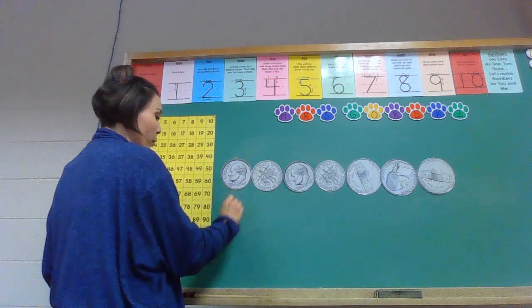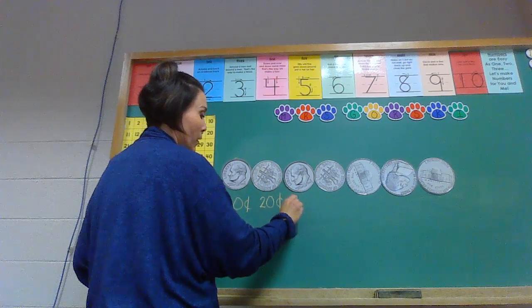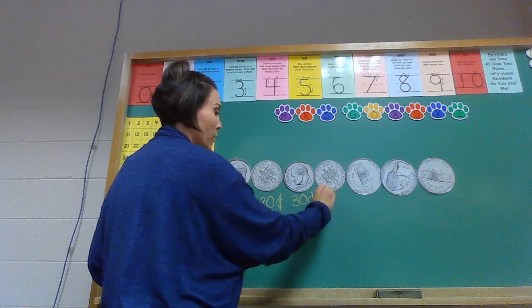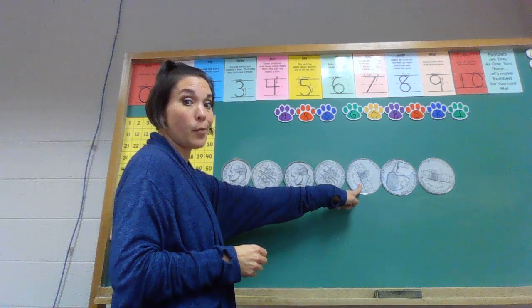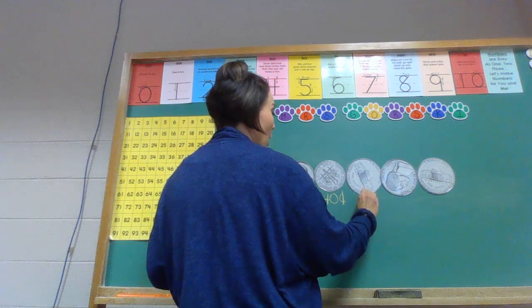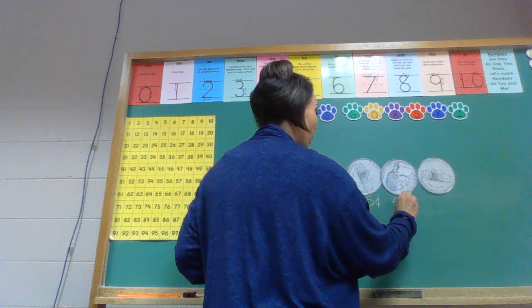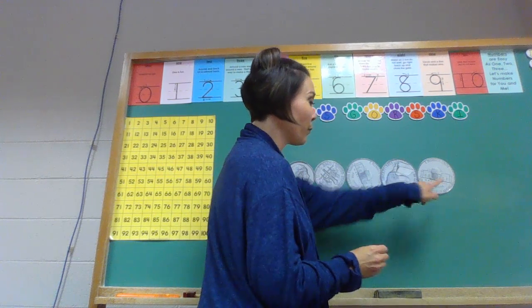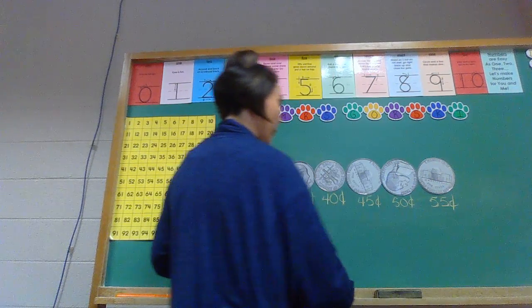So here we go. 10, 20, 30, 40, changing it up, change it to a 5, 45, 5 more, 50, 5 more, 55.